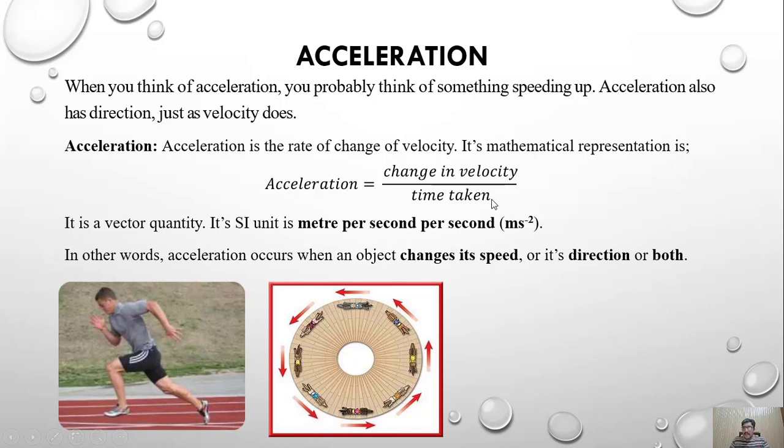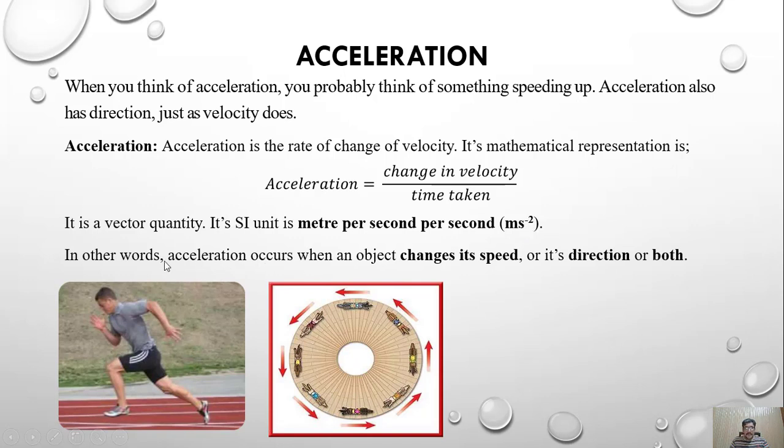So in the numerator we have meter per second, and in the denominator we have second. The second of the numerator, when it comes downside, is multiplied with the second of time. That's why it is second square. So when we take it again towards the numerator, it becomes meter per second square.